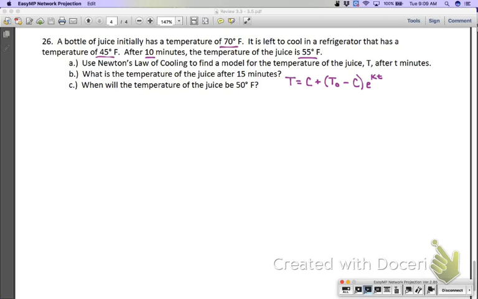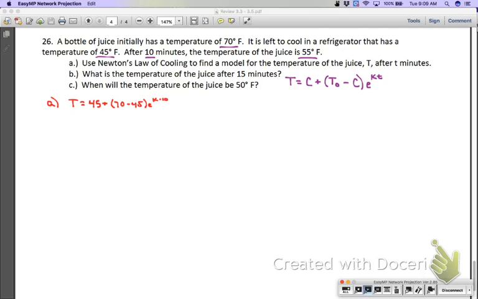For part A, T is going to be equal to 45 plus 70 minus 45 times e to the k times 10 power.